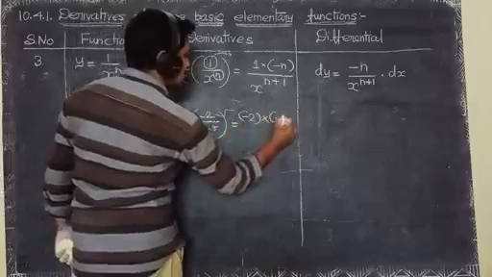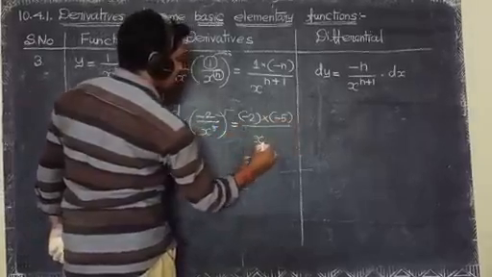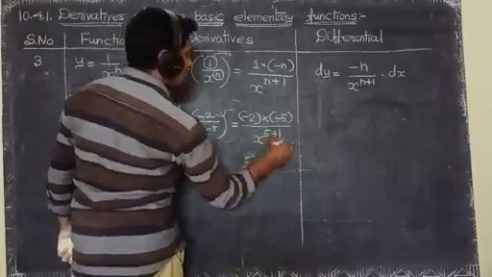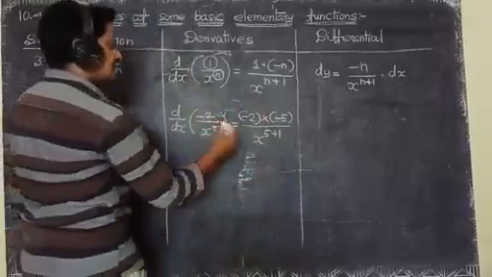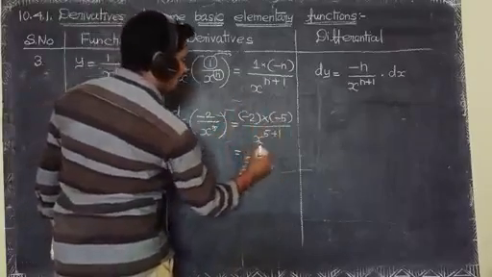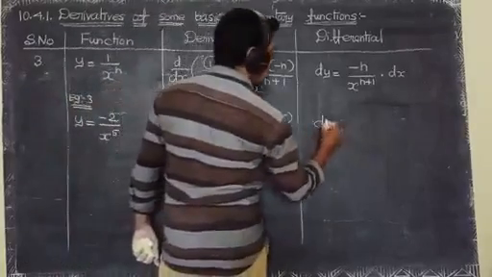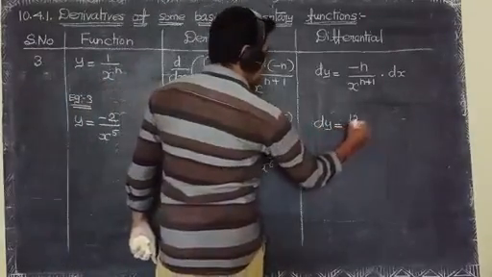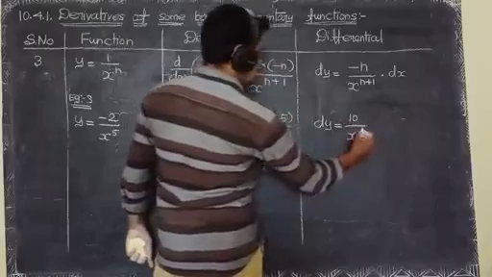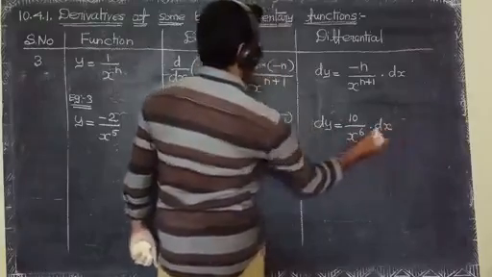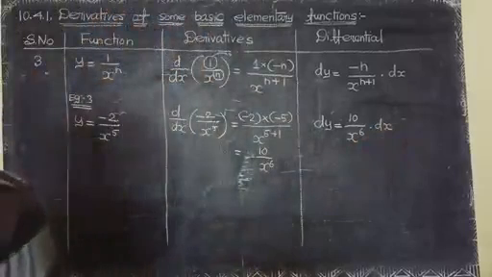The formula is minus n divided by x power 5 plus 1. That is minus of minus 2 into 5, which is 10 divided by x power 6. Then the differential is dy equal to 10 divided by x power 6 into dx.